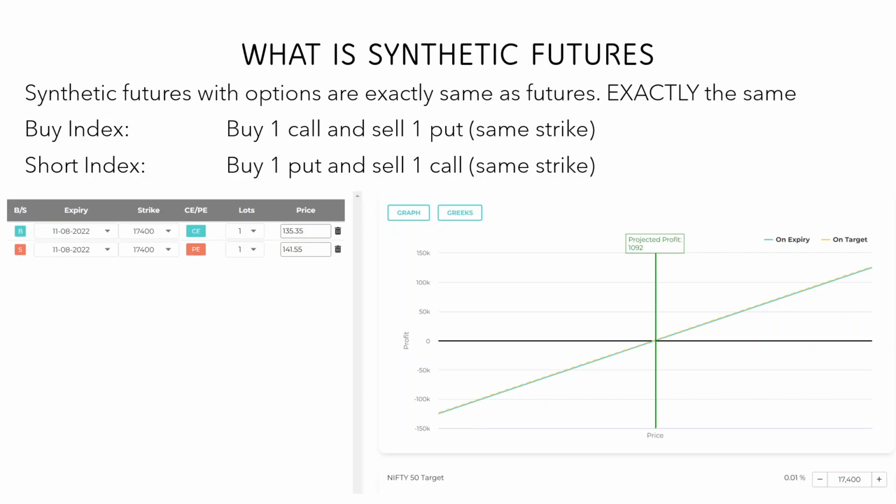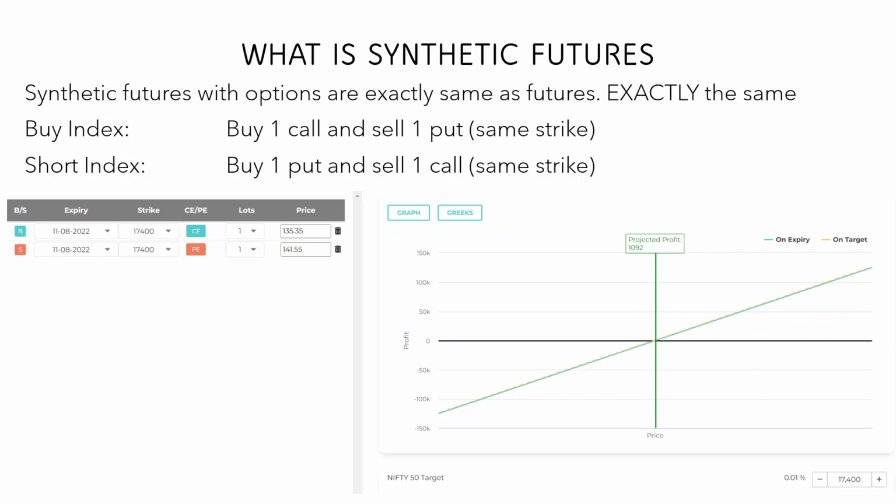On the upside as well as on the downside, the result is the same, irrespective of the strike price. If Nifty future is at 17,400, if you are taking a synthetic future of 17,400, it will be the same. 500, it will be the same. 300, it will be the same.